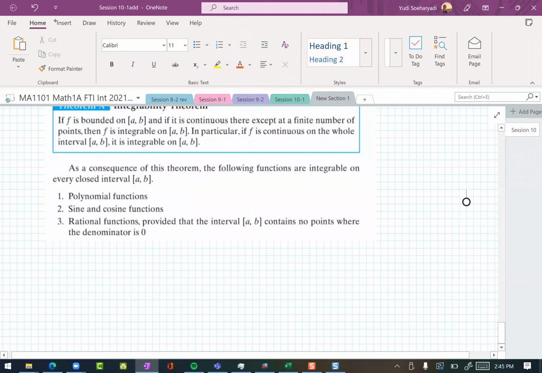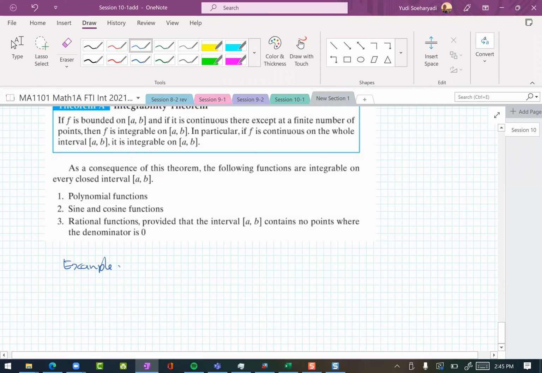Okay. All right, I think one example here. Okay, so that's example. Compute, delete. Example.